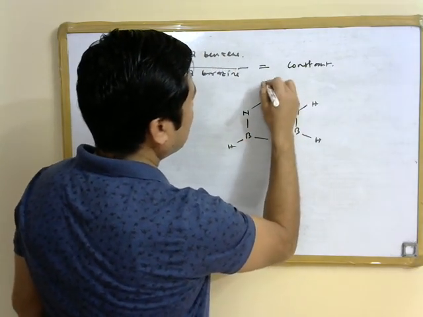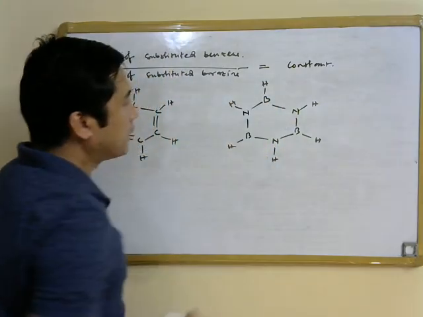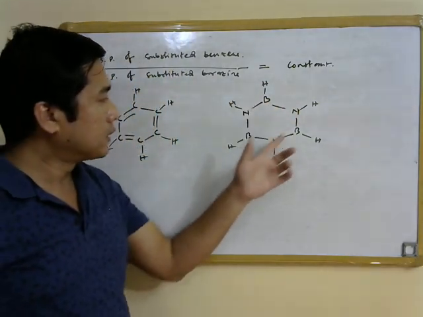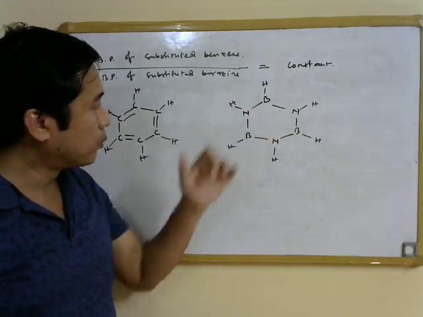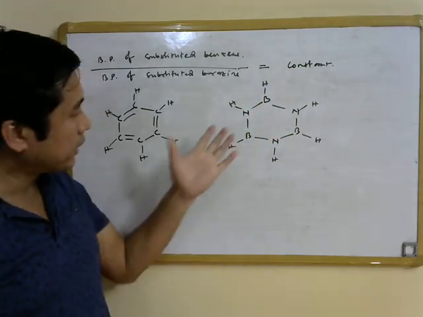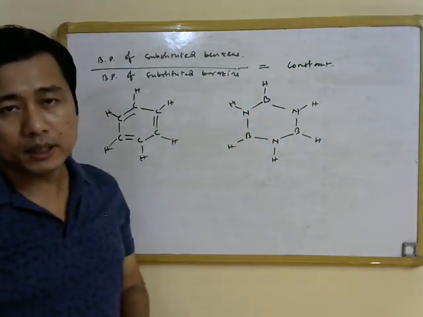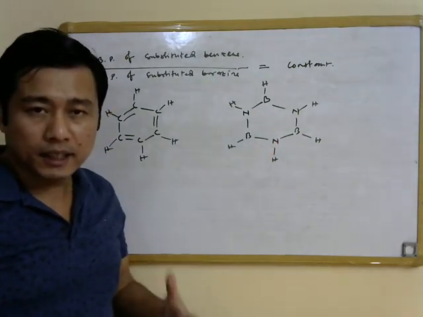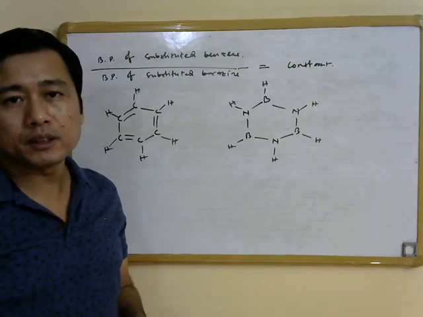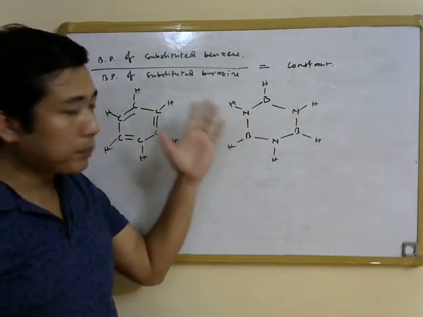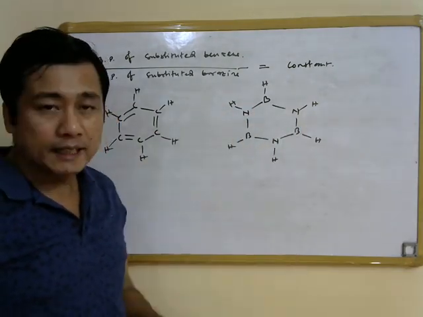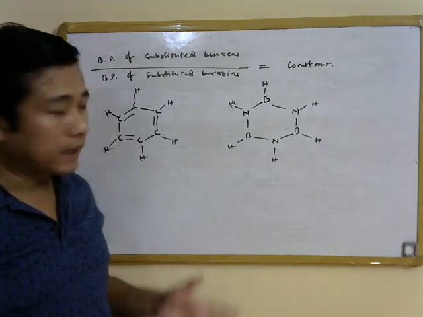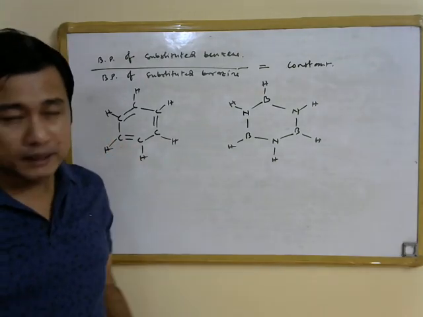Again, as in case of benzene, all these ring atoms, that is both boron and nitrogen in case of borazine, are all sp2 hybridized, and on each of these ring atoms an unhybridized p orbital which is perpendicular to the plane of this ring is present, as in case of benzene.